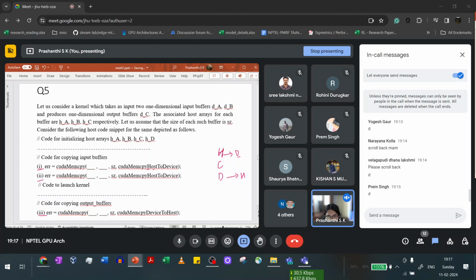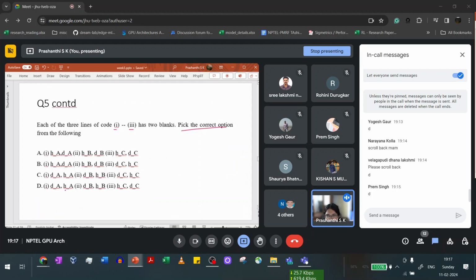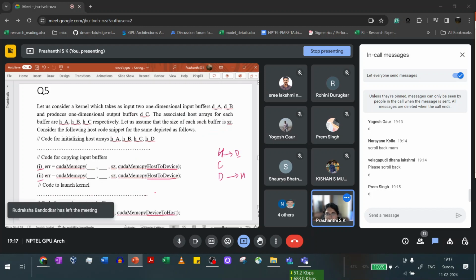You'll also see here that it mentions host to device, and here it mentions device to host. So all you need to do is to fill out the destination and the source. Your input buffers are H_A and H_B, so you're copying H_A to D_A. This is your source, this is your destination. You're also copying H_B to D_B, that's your second set.